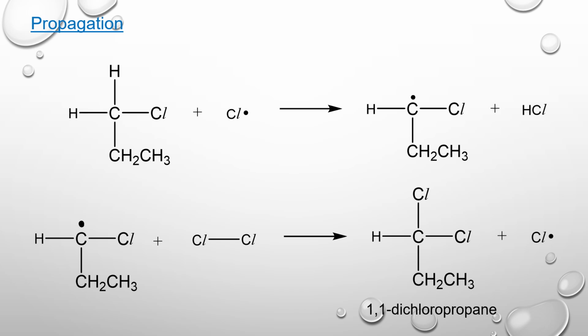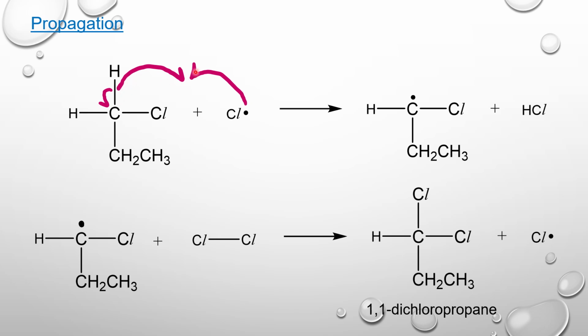To show the formation of a di-substituted product, we need a third and fourth step for the propagation. The third step involves the mono-substituted product from the previous step and the chlorine free radical. We will have to show the half arrows starting from the chlorine radical and the C-H bond.